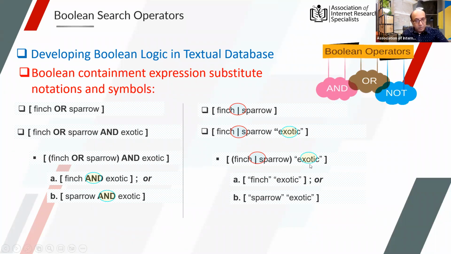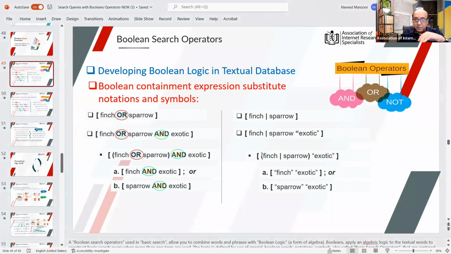So when you run a query like this one without the parenthesis, which I can safely remove, this is how the query should be. If you want to translate the query on the left, you would write it just the way it's shown here on top. The result would be that you would get either finch plus exotic, or sparrow plus exotic. All right.